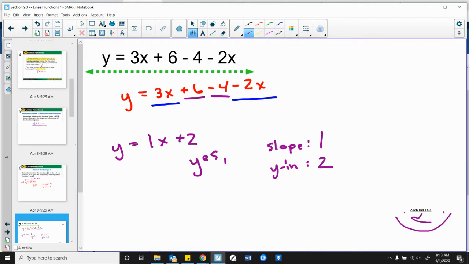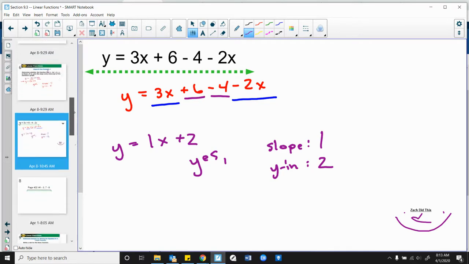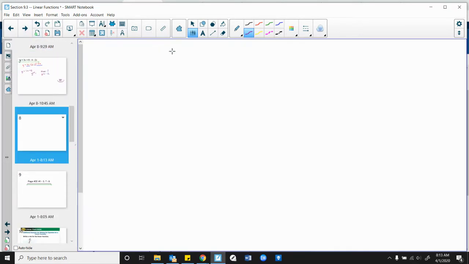All right, now I want to look at one more example that I'm going to create just on the fly here. I just thought of it, okay? What if I have one that's y equals 3(2x plus 4)? And it wants us to say, is it linear or not?